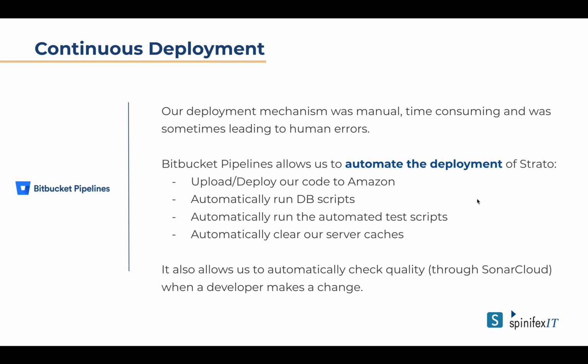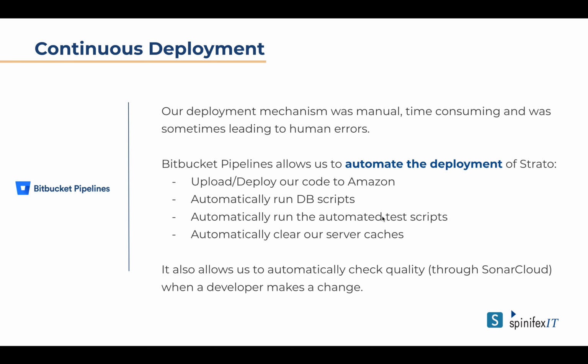So we have automated for the moment the deployment, the fact that it will run all the database scripts for when we do an upgrade, because when we do change things in the database, we need to run database scripts. So this is automated by the deployment process.